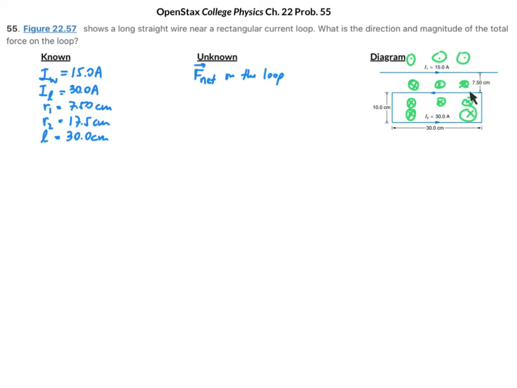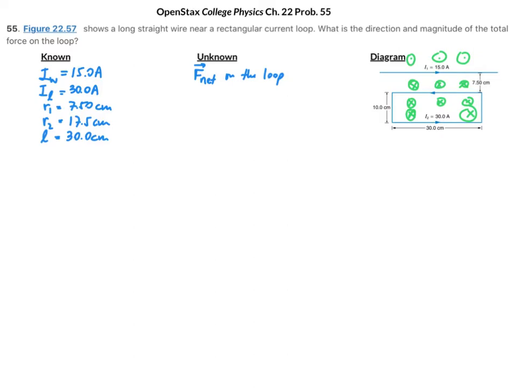Now, each of these sides of the loop will experience a force. We have a long straight wire, so the force on it is going to be I L times B. Same thing for all of these different sides.